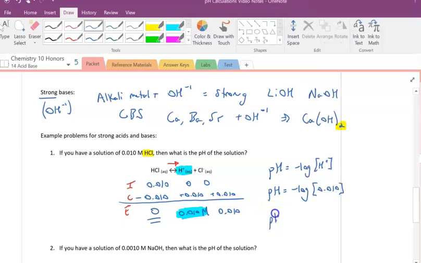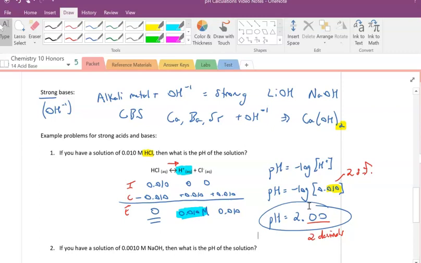Now remember, the sig fig rule for logs: the 2 in front of the decimal does not count towards my sig figs. So if I look at that number, it had 2 significant figures. That means I need 2 decimals in my answer. Well, currently I have no decimals, so I have to add some extra zeros. So my final answer would be pH equals 2.00. I would have those 2 decimals to show.